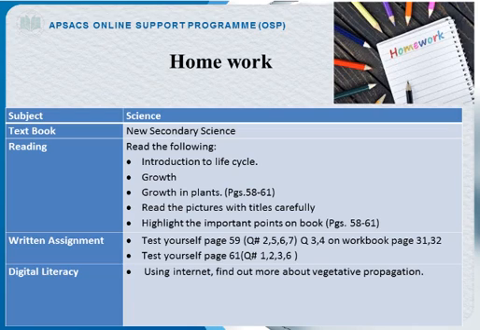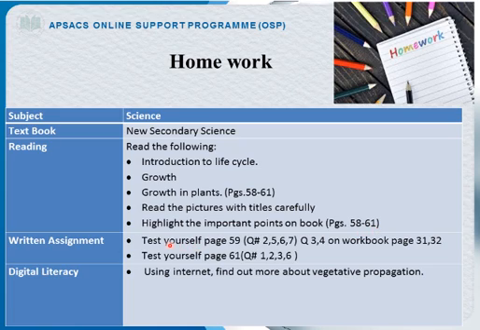Students, homework of this week: first read the following topics, introduction to life cycle and growth in plants, from page number 58 to 61, and read the pictures with titles carefully. Highlight the important points on book pages 58 to 61.